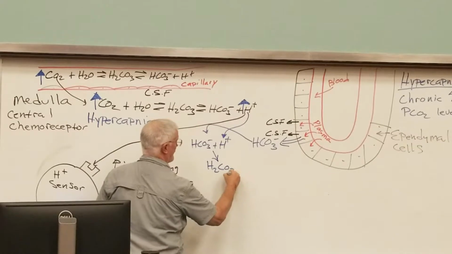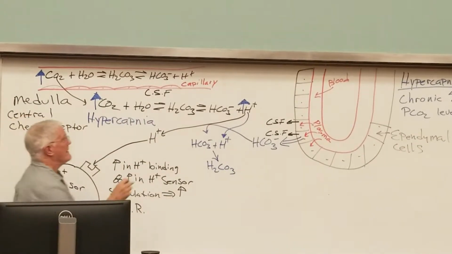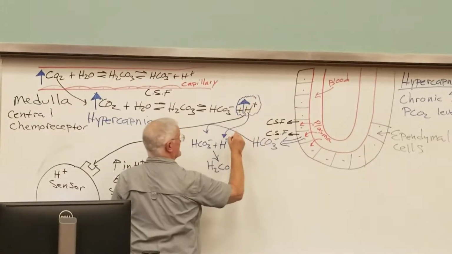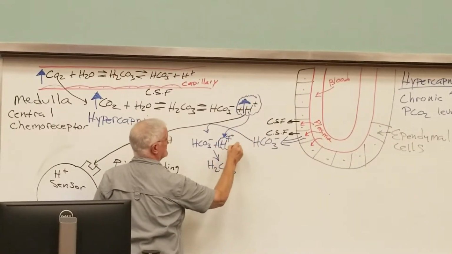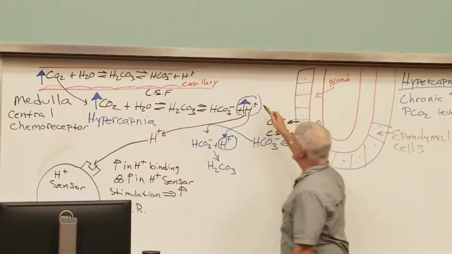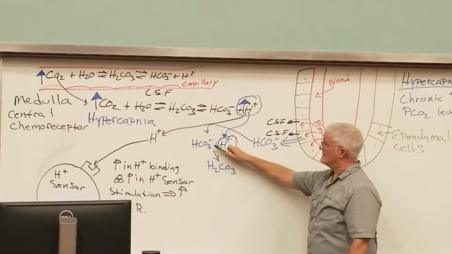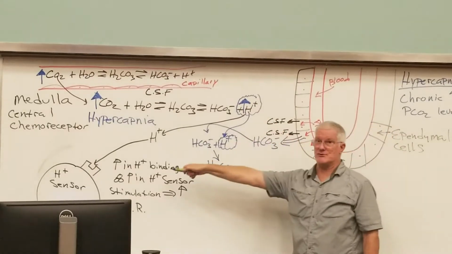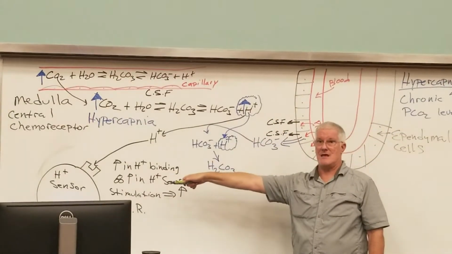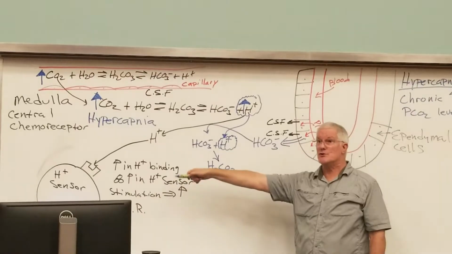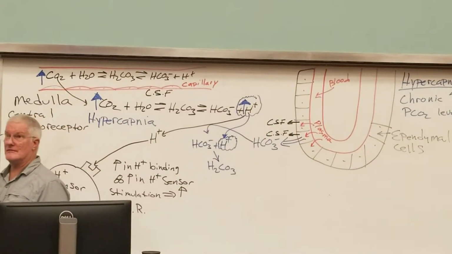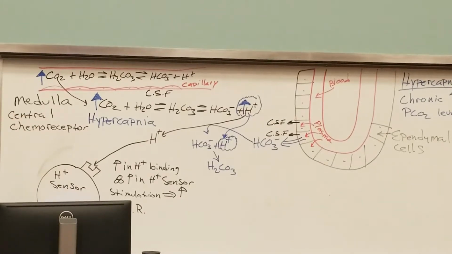We're going to stop there for a moment. This hydrogen is this hydrogen right here. If that hydrogen hooks up to a bicarbonate to form carbonic acid, can that hydrogen go to the hydrogen ion sensor and stimulate it? No. That means you're losing the signal to breathe faster in response to an increase in CO2.